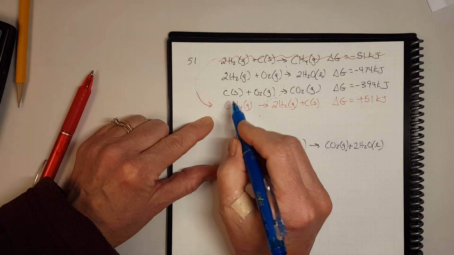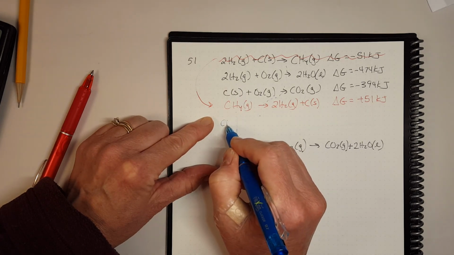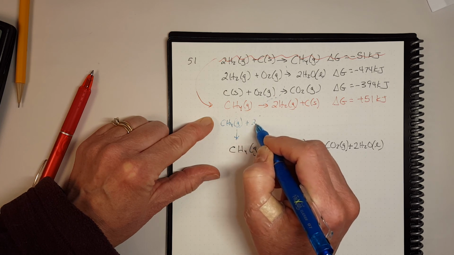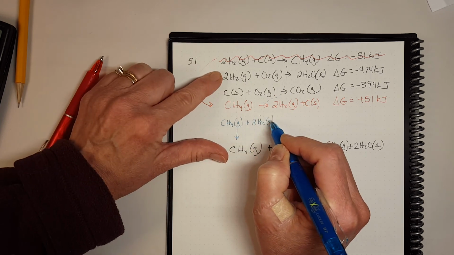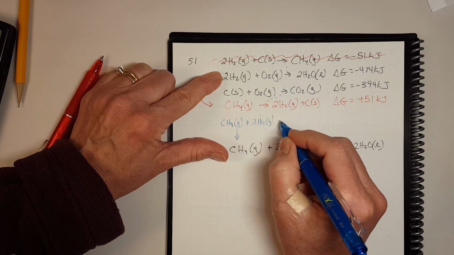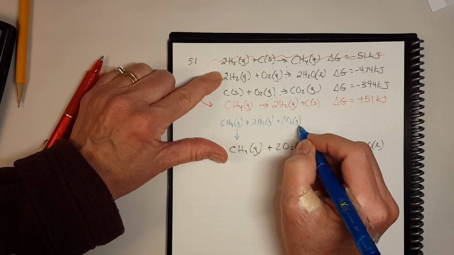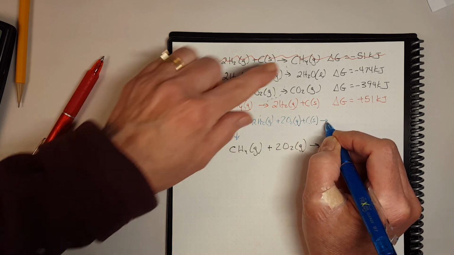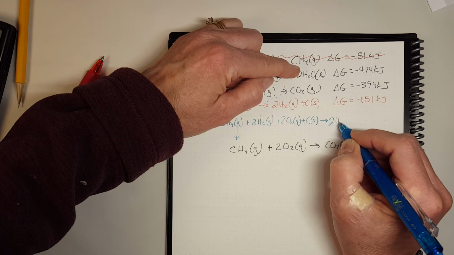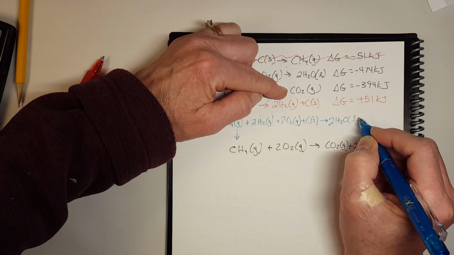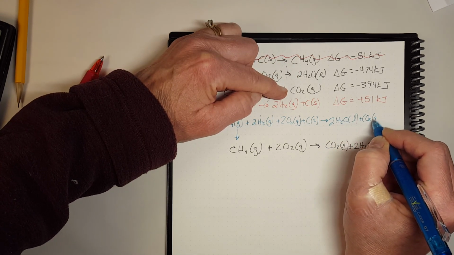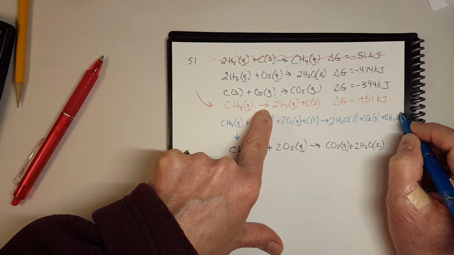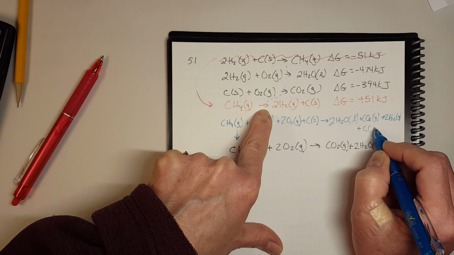So on this side, when I add all 3 of these equations, I get CH4 gas plus 2H2 gas, right? Plus, there's two O's on this side, 2O2 gas, and plus carbon solid. And that makes, on the other side, 2H2O liquid plus CO2 gas plus 2H2 gas, sorry, I'm going to wrap around here, plus carbon solid.